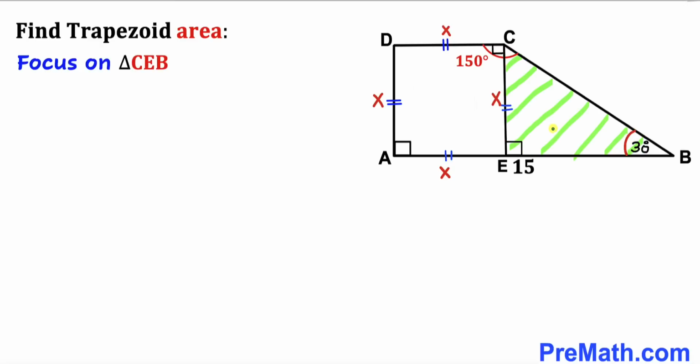Now let's focus on this right triangle CEB. We can see that this whole side length AB is 15 and this segment AE is X. So this segment EB is going to be 15 minus X.